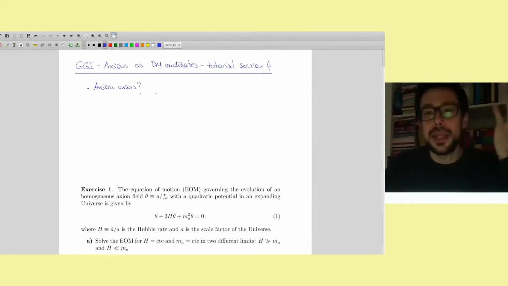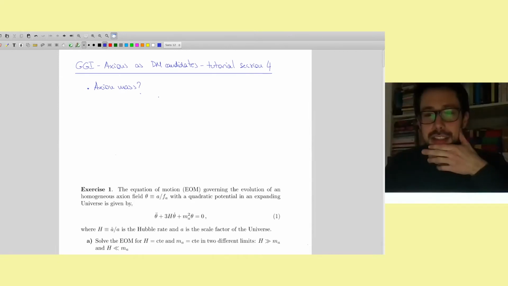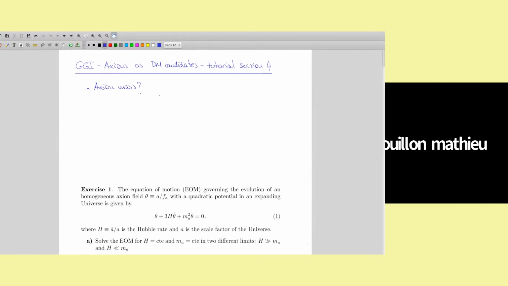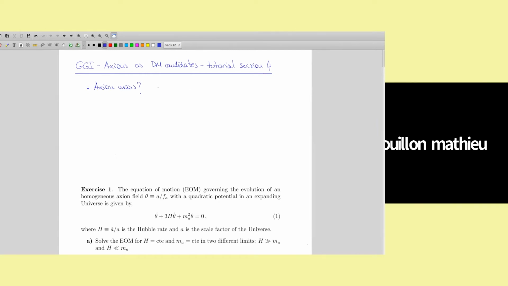Before going there, let me ask you one question. What are the typical values of the axion mass that we have heard in the lectures? How heavy is the axion? Can someone tell me? I guess something like 10 to the 9 GeV.